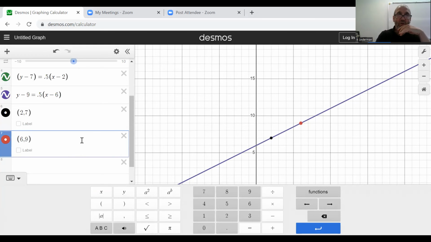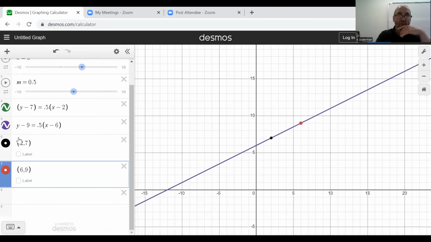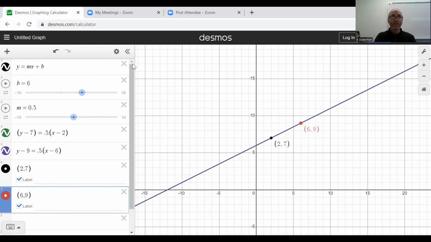And if you notice, both points are on the line. There you go. So 2, 7 and 6, 9 both are right on that line. So everything works out. All 3 equations wound up forming the same line, plus my 2 points.